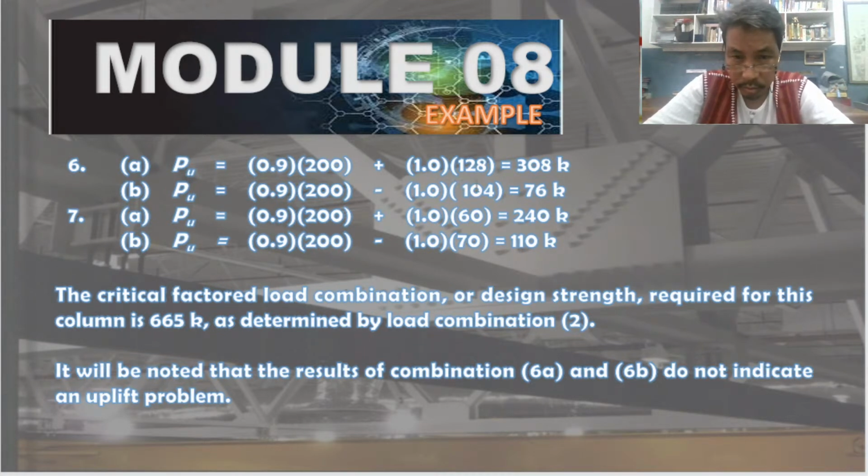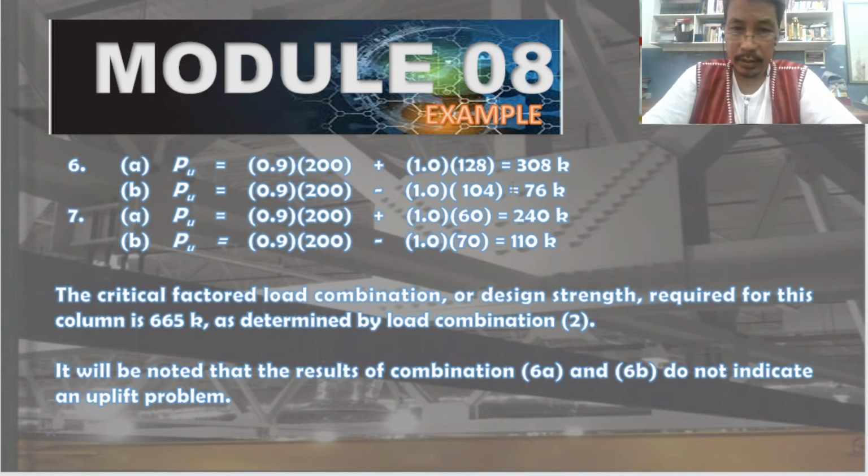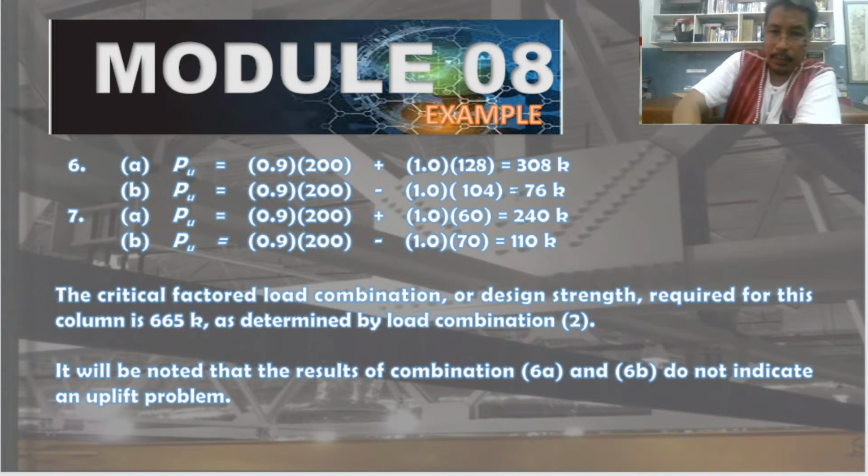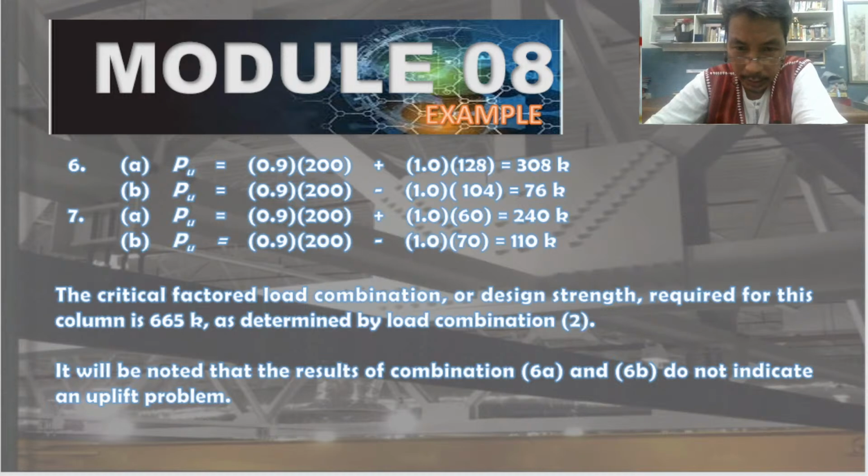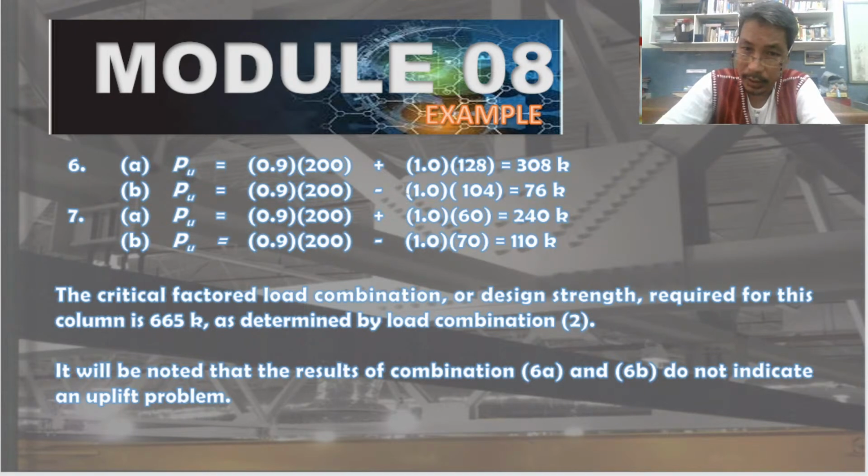The result of this 6A and 6B. Uplift problem, meaning if the value of negative is higher than the positive, that is the uplift. There are times when that would become true, for example during a typhoon.